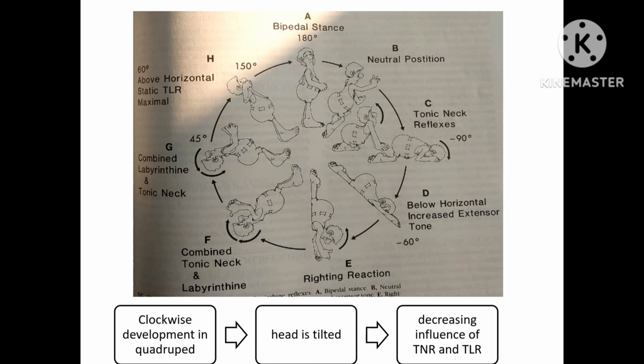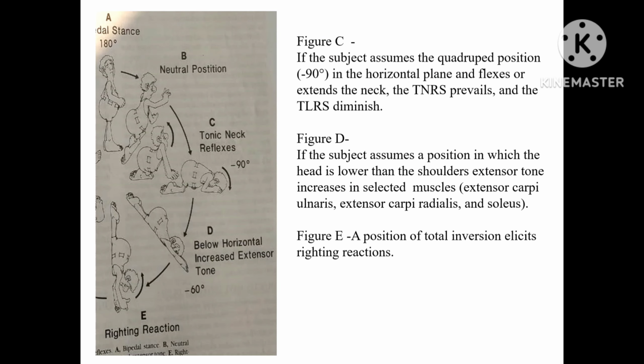We will begin from position B, that is, the neutral position. In short, this whole quadruped progression of the baby will decide which TNR or TLR reflex is dominant in which particular position, and based on that there will be a motor response.